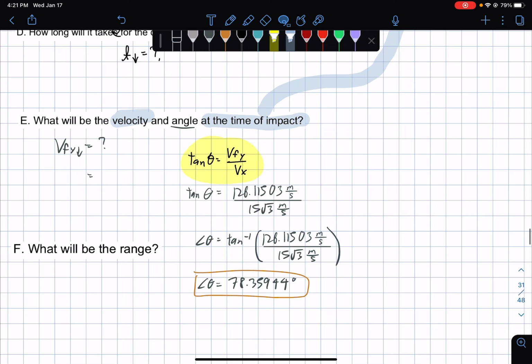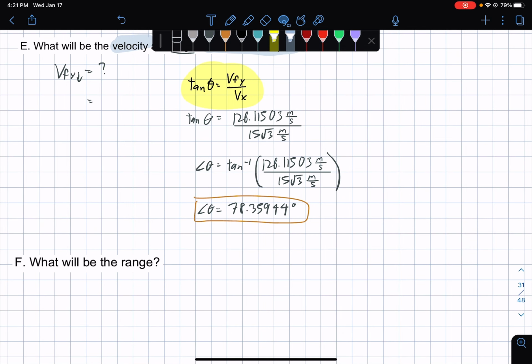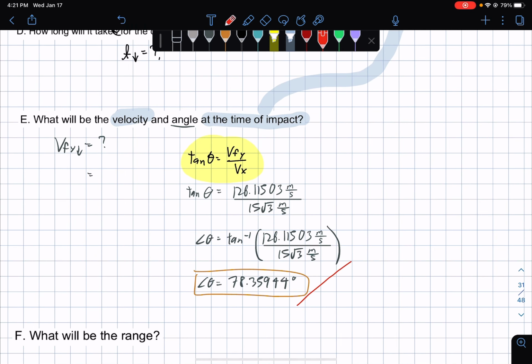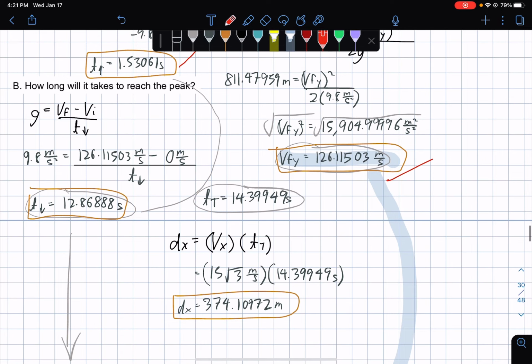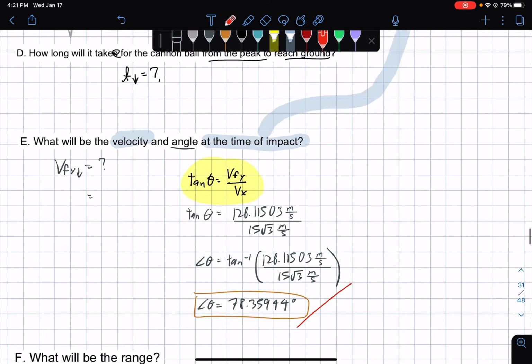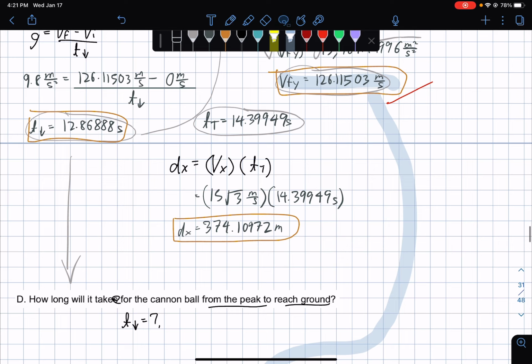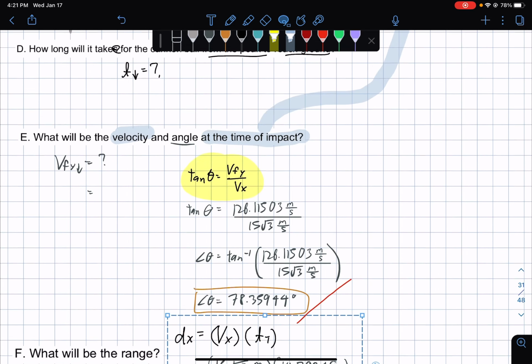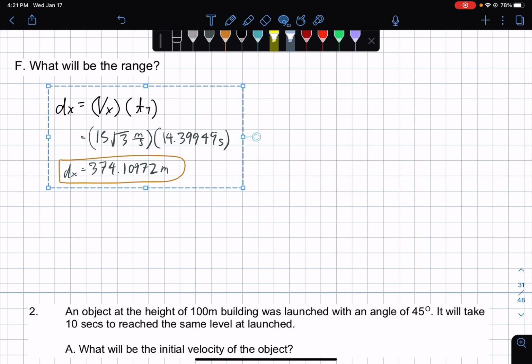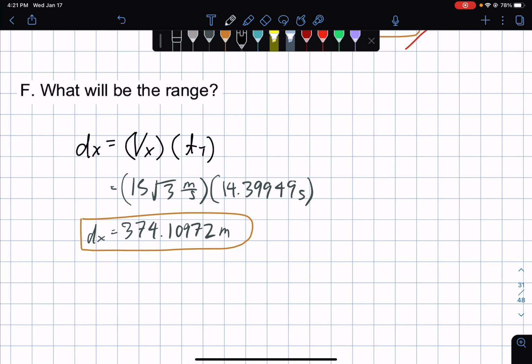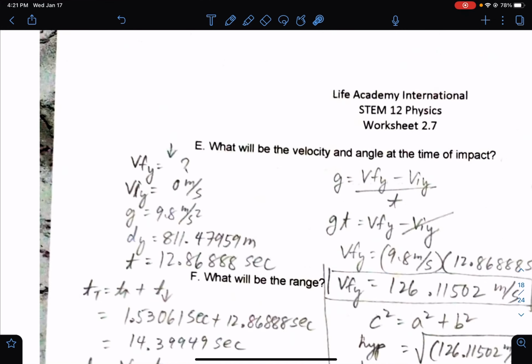Okay, so what is the range? Well, I think we did just calculate for it. It's this one. I believe the range is another word for the total horizontal displacement. Let's see.